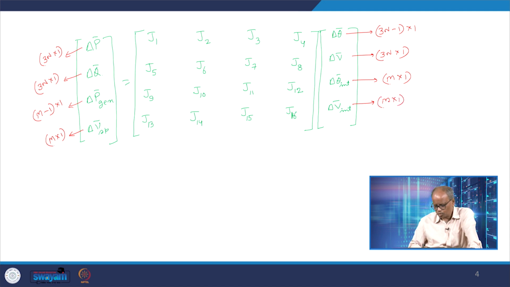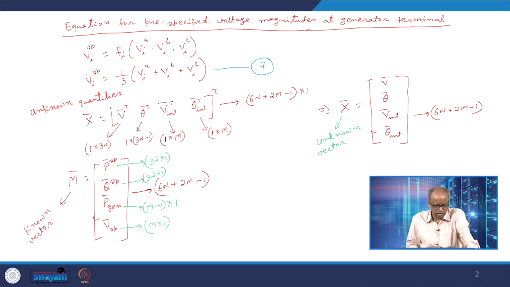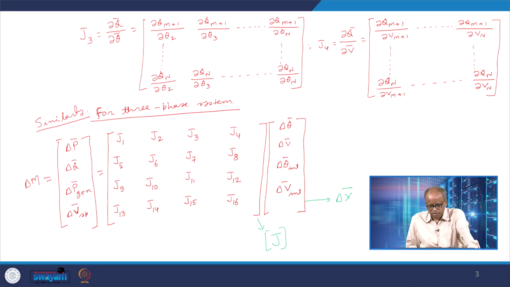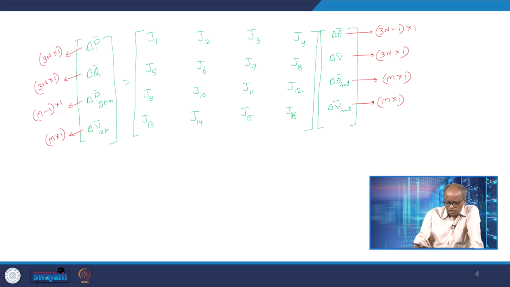Why these are these dimensions, we have already explained. Because we have got these dimensions, now we can straight away write down the dimensions of J1. What is J1? J1 is 3n cross 3n minus 1.